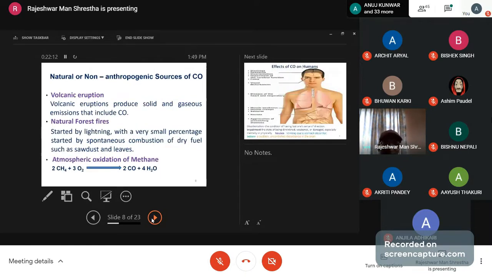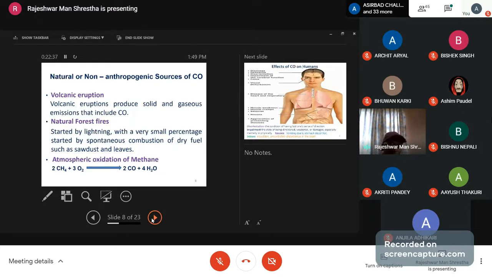Now, next are natural or non-anthropogenic sources of carbon monoxide. Naturally, carbon monoxide is released into the atmosphere. How? Number one is volcanic eruption. When a volcanic eruption occurs, it releases a large amount of solid and gaseous products, and that includes carbon monoxide. Next, natural forest fire.